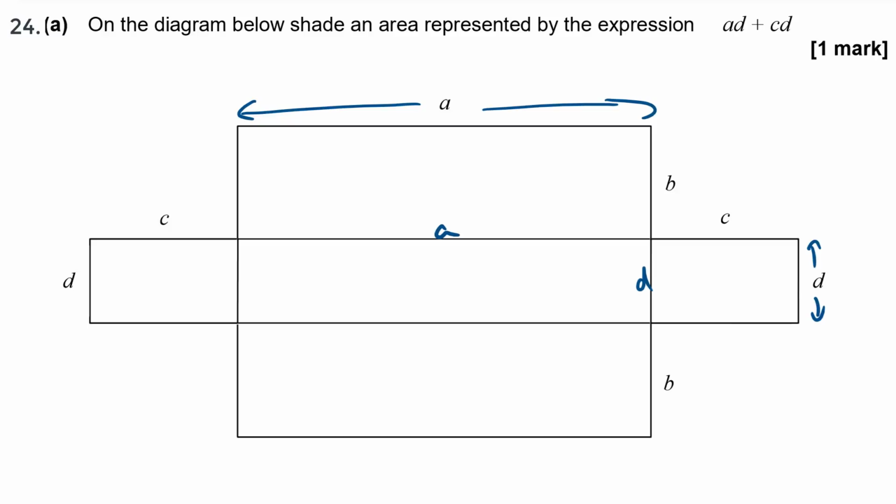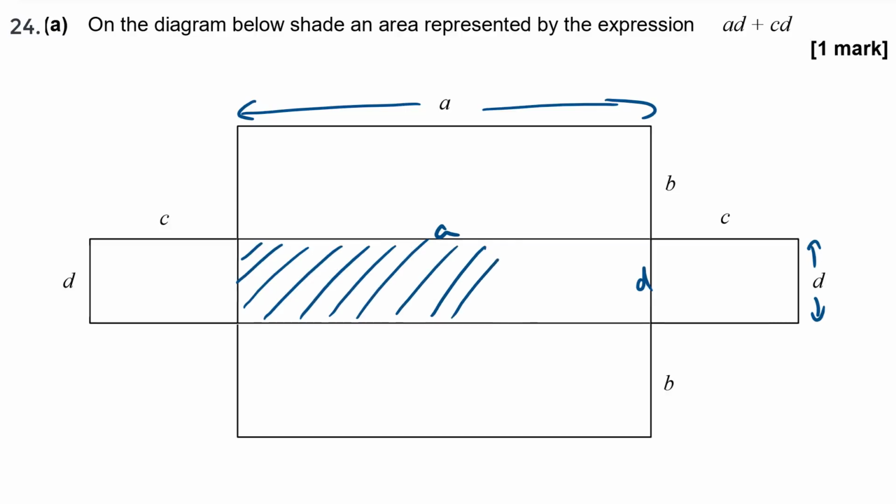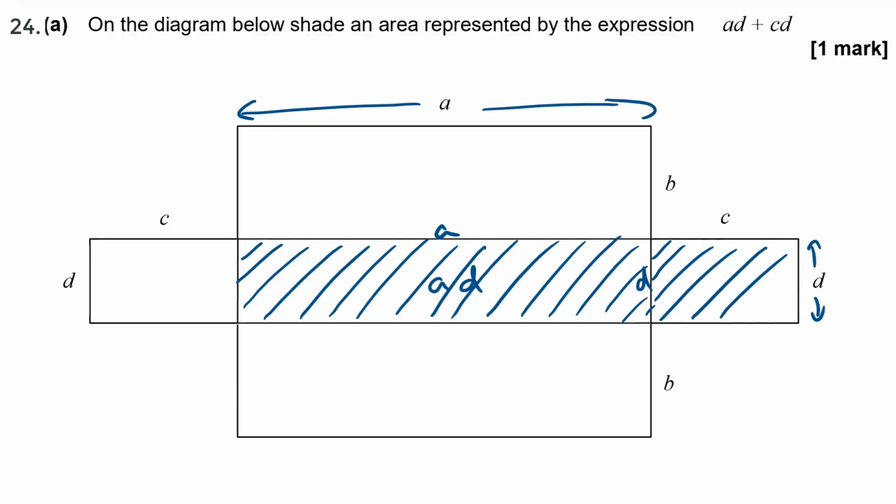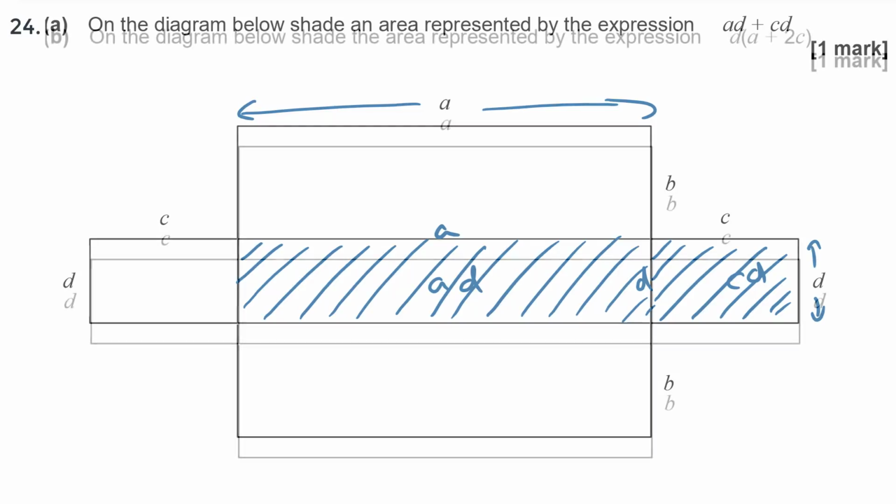So AD is going to be this central rectangle along here, and then CD can be either one of the smaller ones at the end. I'm going to pick that one there as CD, so between them that is the area AD plus CD.